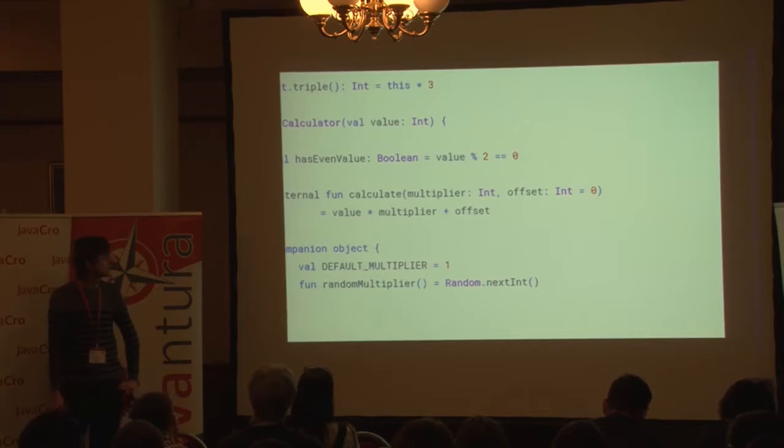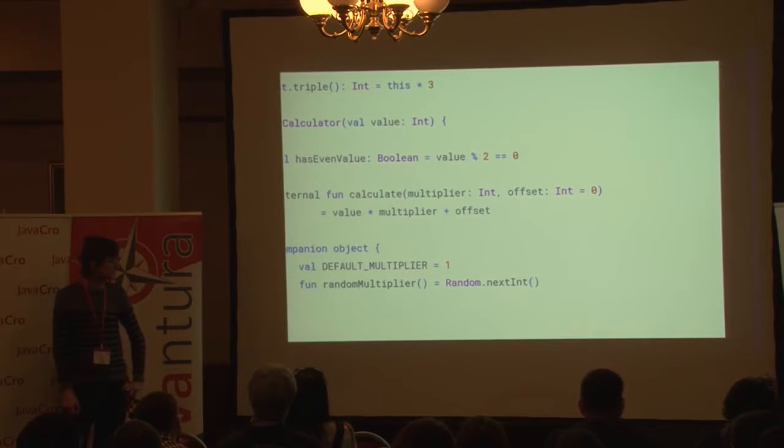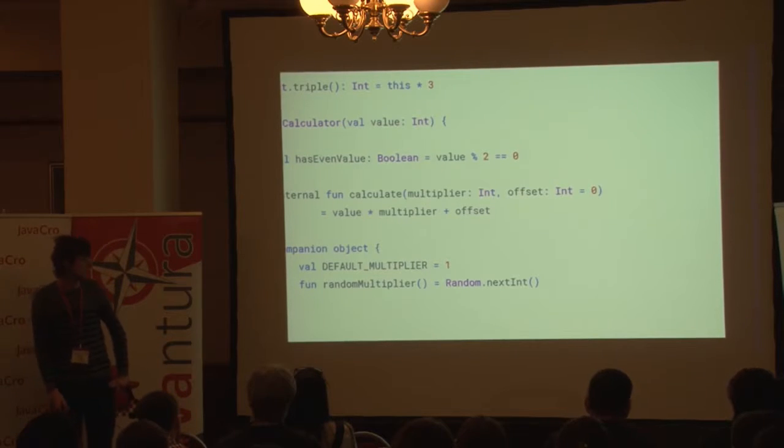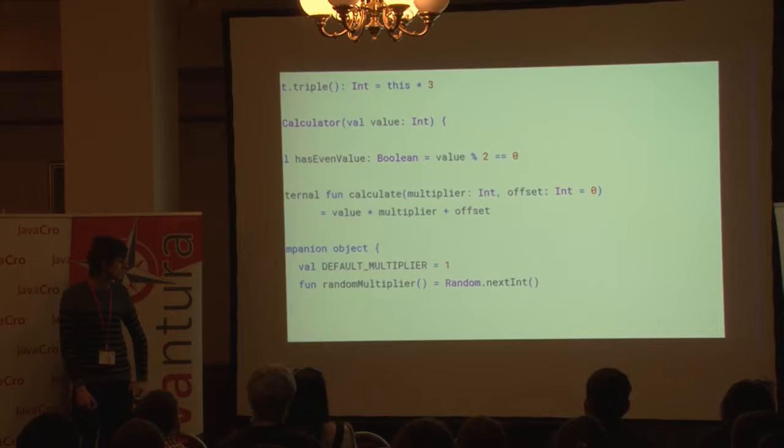Okay, so back to the example. This is the Kotlin code that caused that ugly Java code. It's a bit of a forced example, just to put a couple of Kotlin specific things in it, and I've tried to write it in a way that will make the Java code as ugly as possible. First at the top, this triple is an Int extension function.